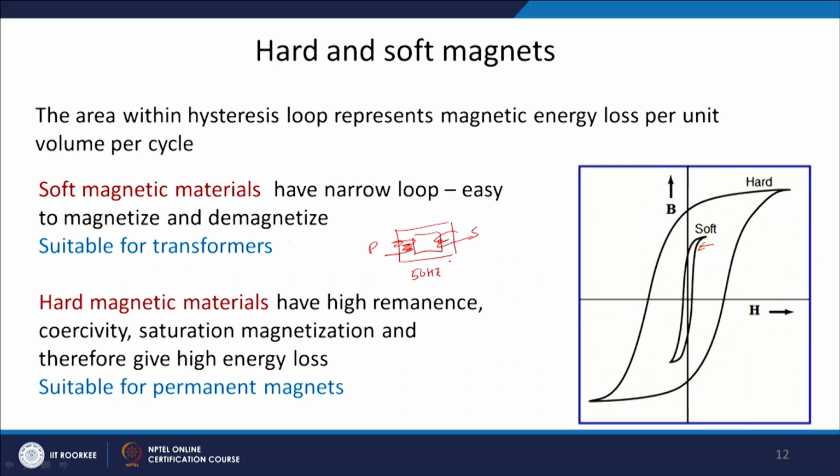That means 50 times it is becoming positive and negative. So, this core material will also get magnetized and demagnetized, this whole cycle will be repeated 50 times in a second. 50 hertz means 50 times this hysteresis loop is being traced in the material. So, in each cycle you are losing certain energy.